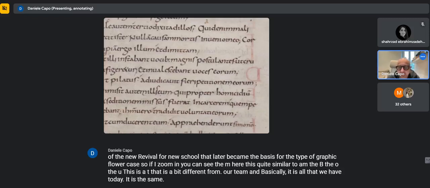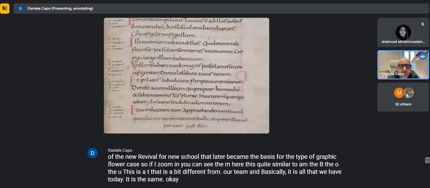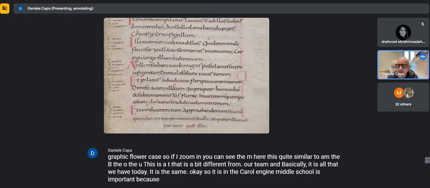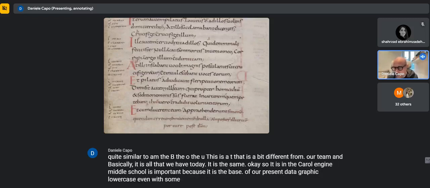It is the same. So the Carolingian minuscule is important because it is the base of our present-day typographic lowercase, even if with some modification.